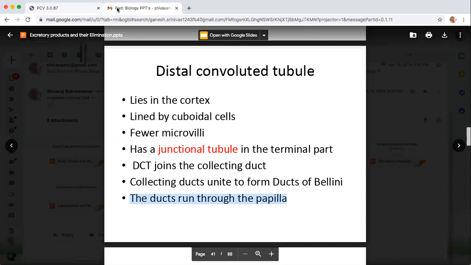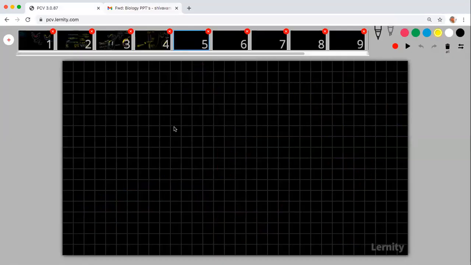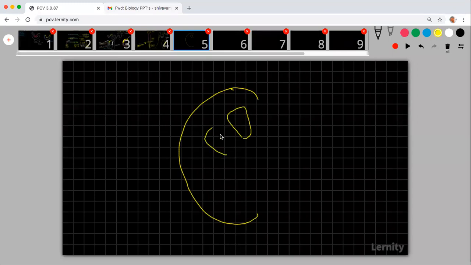Okay, quickly copy down. Hey, what is meant by papilla? You don't know what the kidney is. What structures are there in the kidney?